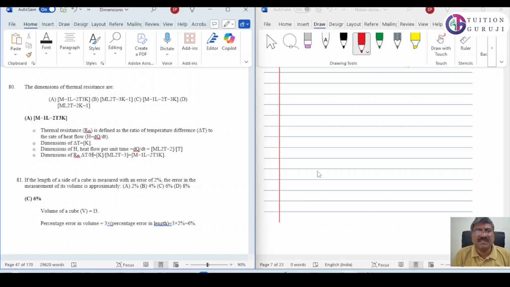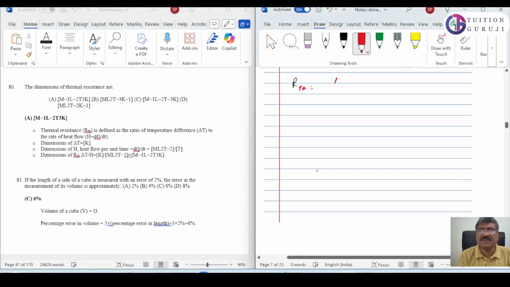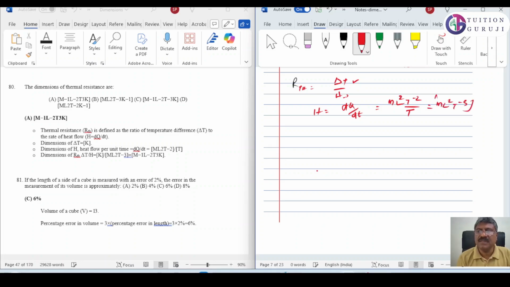Next one. The dimensions of thermal resistance are. So let's see what the thermal resistance is. Thermal resistance R_TH is equal to delta T by H, where delta T is the temperature difference and H is the rate of heat flow, dq by dt. dq means energy, M L square T raised to minus 2, divided by T, so it is M L square T raised to minus 3.